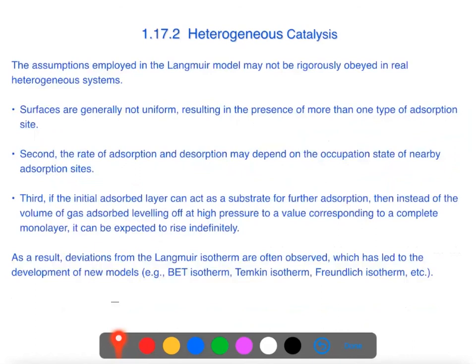Now, the assumptions employed in the Langmuir model may not be rigorously obeyed in real heterogeneous systems. And this is for a few reasons. One, surfaces are generally not uniform, resulting in the presence of more than one type of adsorption site.